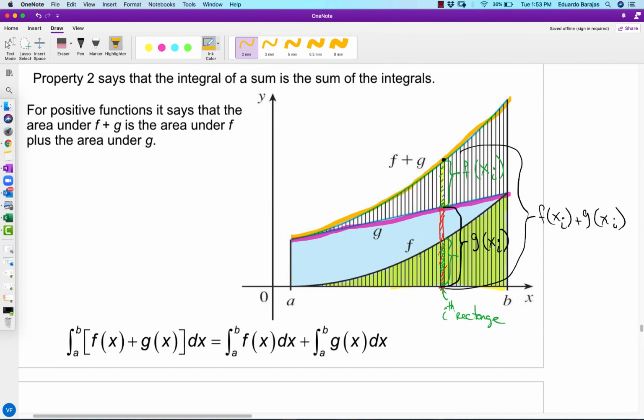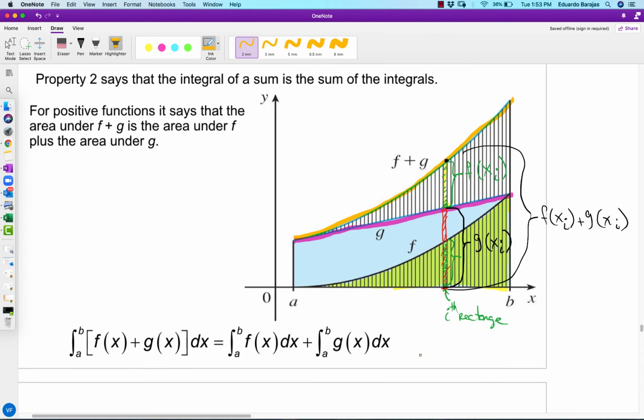Let's figure out the area below here highlighted in yellow and then add them together, and that should give us the area of the entire thing. Okay, so kind of a geometric explanation of it. Also, we can just go back to our Riemann sum explanation.